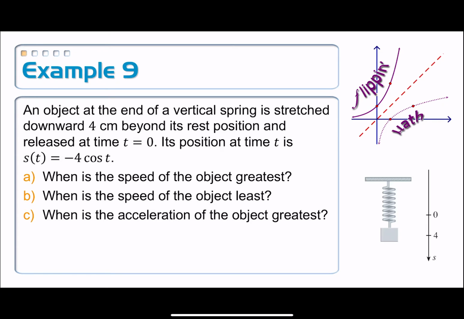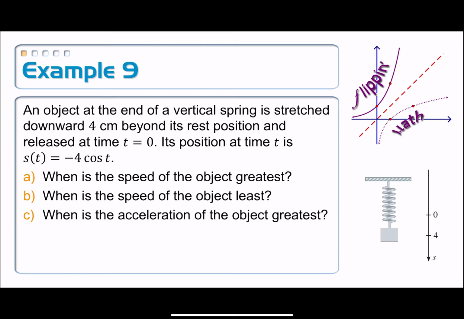So we're going to pull this mass down, stretching it 4 centimeters below its equilibrium point. Then it's going to release, and of course it's going to bounce up, come back down, up, down, and we're assuming it's going to go on and on forever because there's no friction and no air resistance and everything is perfect.